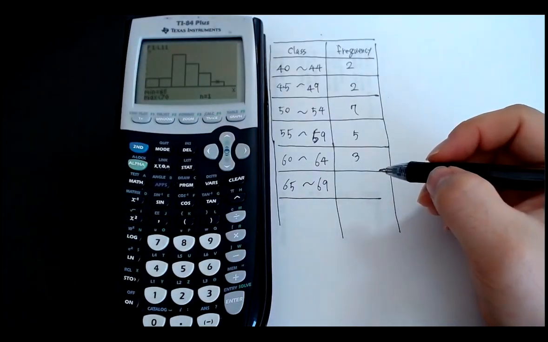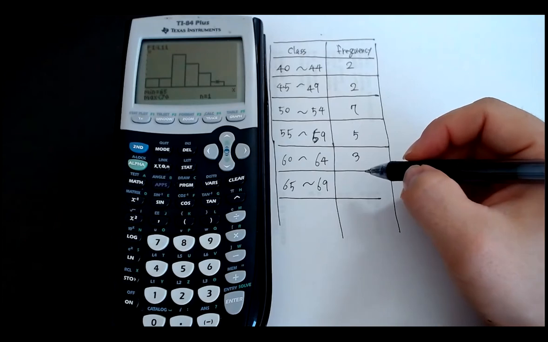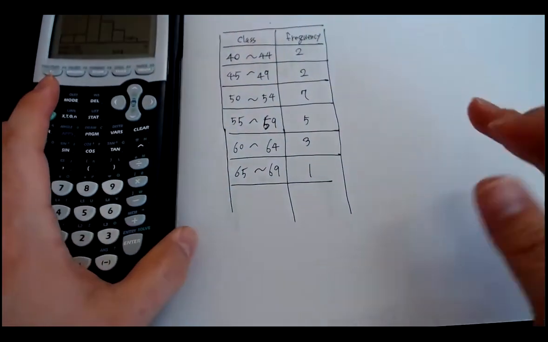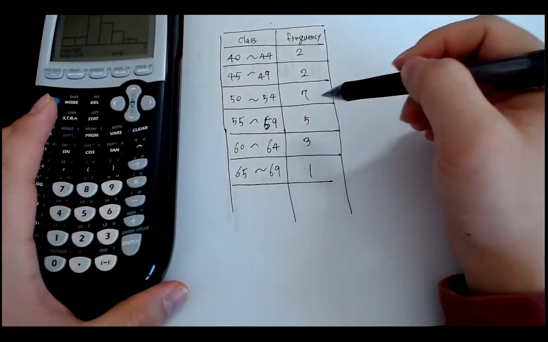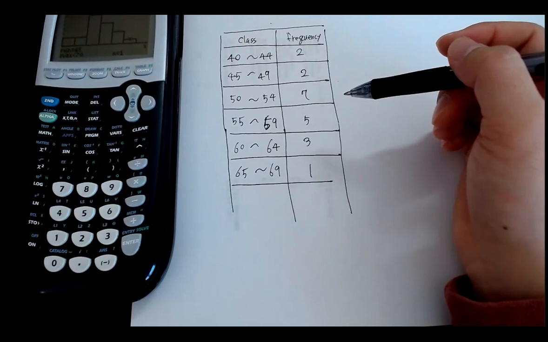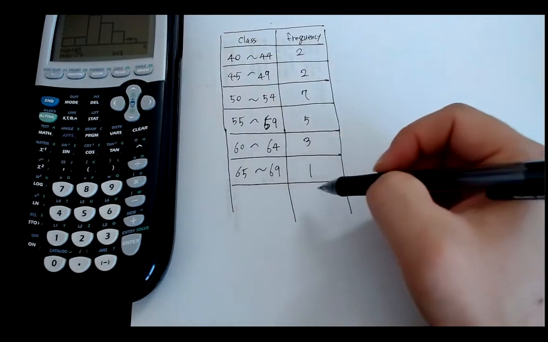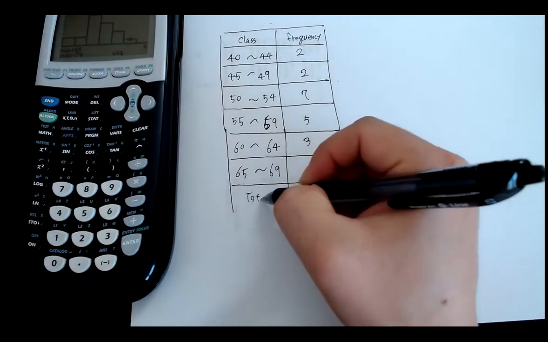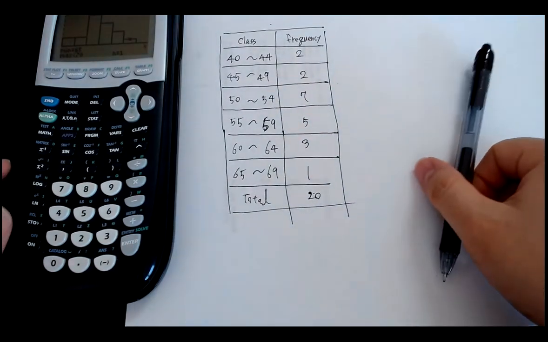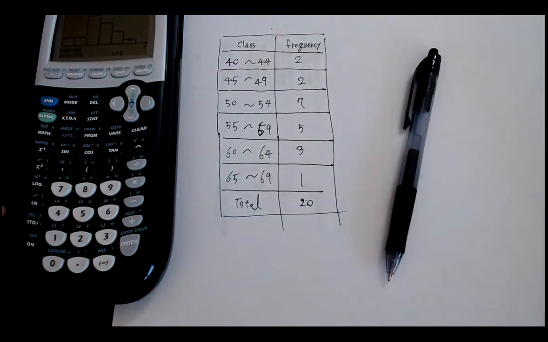Okay, and this is 1. So you have to make sure that the total of the frequencies must be equal to the total number of data values. The total is 20.